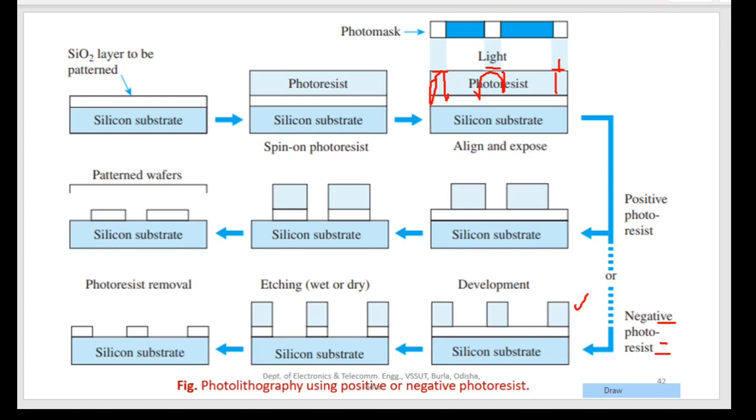Again etch out this SiO2 layer which is visible, and we will be left with this kind of structure. Then perform the etching. These top layers should be removed, and then this particular patterning of SiO2 will be visible. So either with the help of the positive process, or with negative photoresist, the first and last step will be like this.